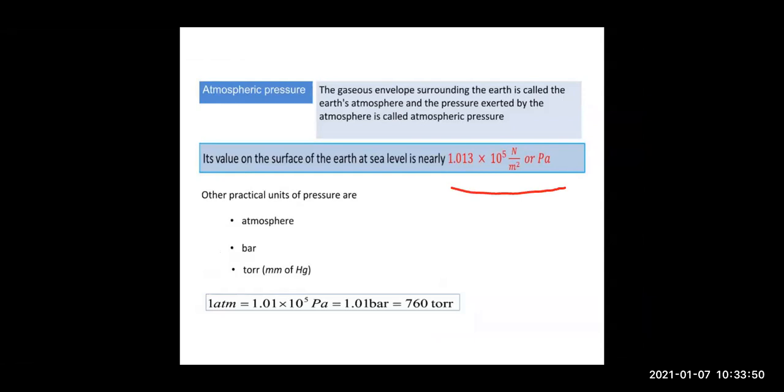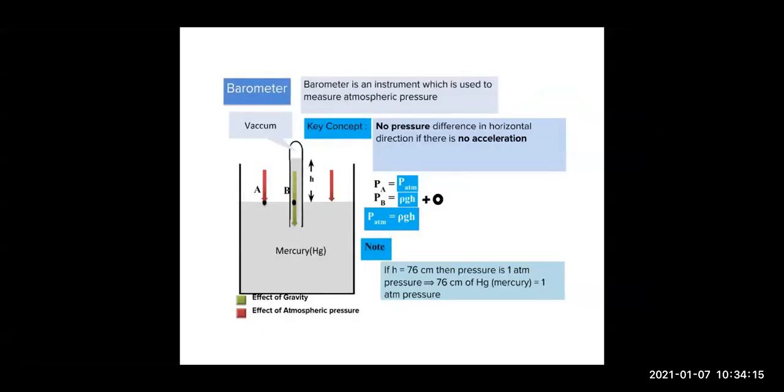One is the atmosphere, right? Another unit is bar, and one more unit is the torr. So 1 atmosphere is 1.01 × 10^5 Pascal, which is equal to 1.01 bar, and that is equivalent to 760 torr. Right, children? These are the other units of measuring pressure.